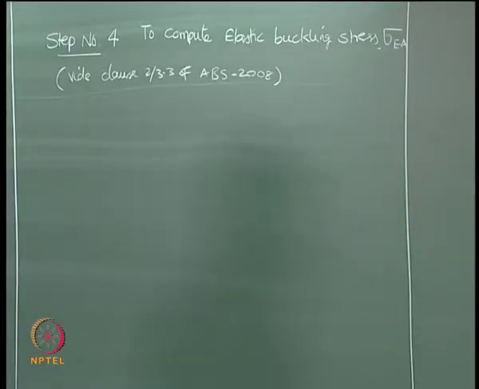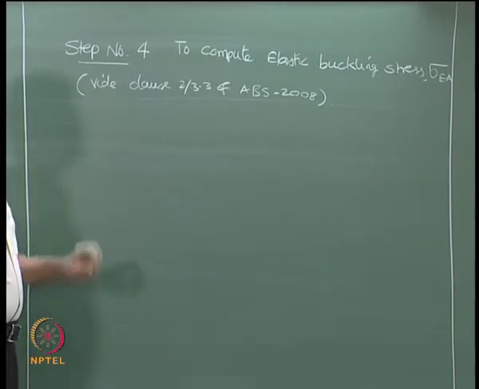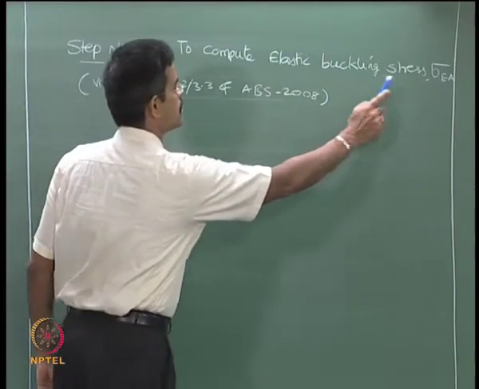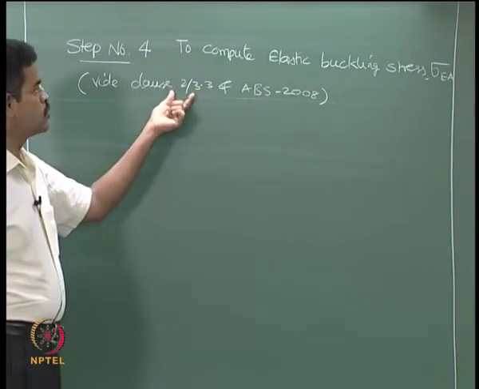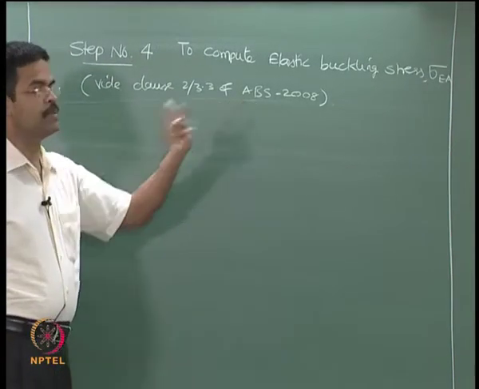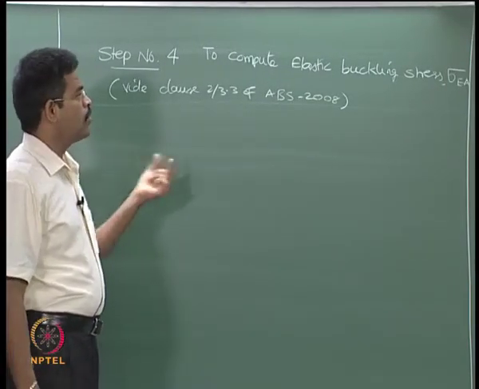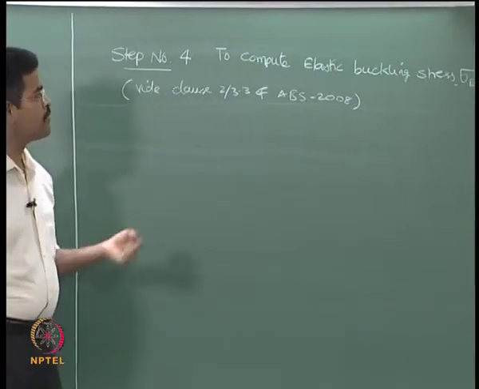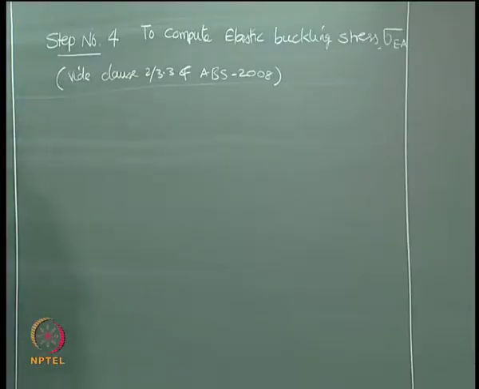Let us move to the next step, step number 4, where we would like to compute the elastic buckling stress sigma EA as given by section 2/3.3 of ABS 2008. Let us see the equation here, how we can compute sigma EA.